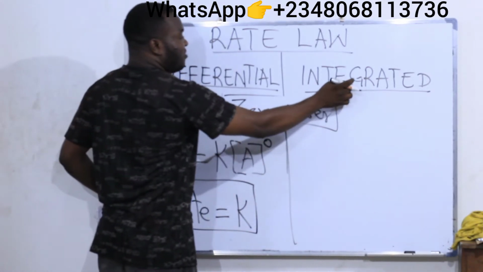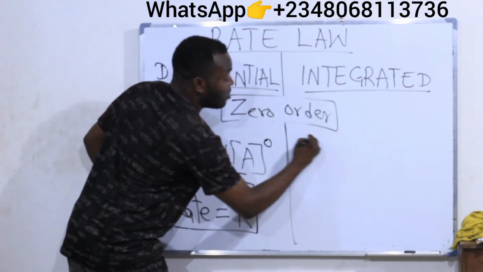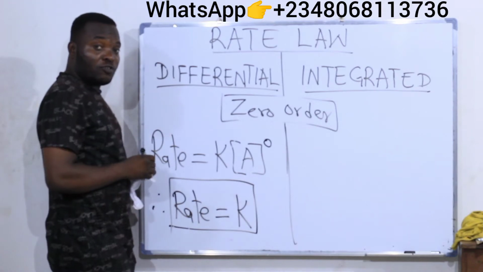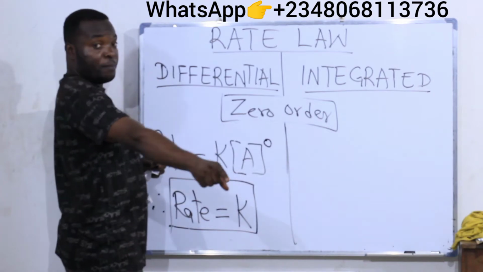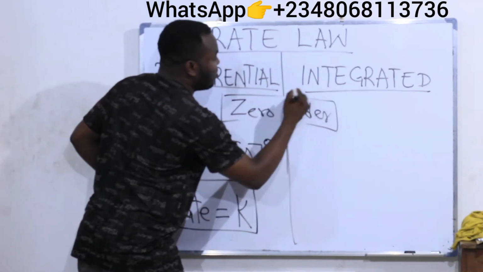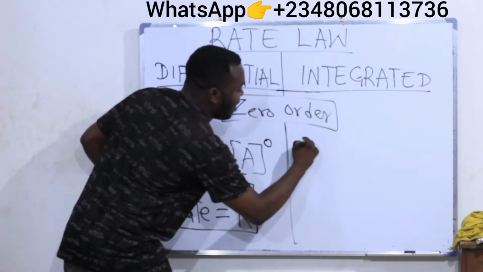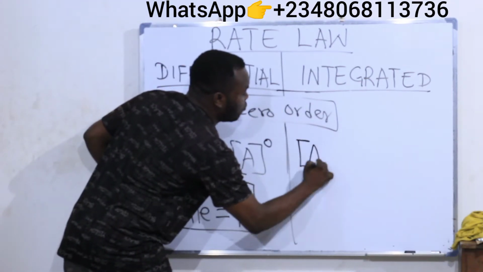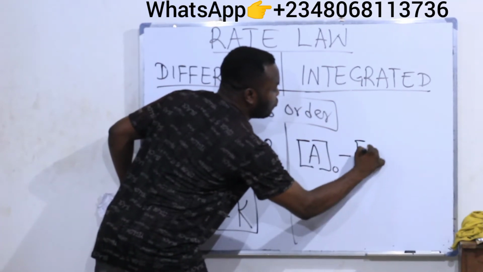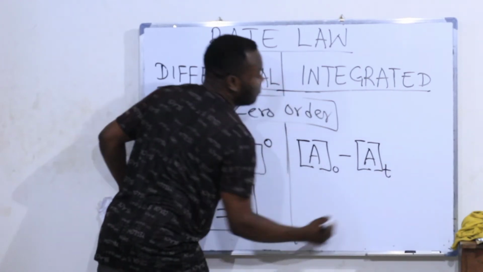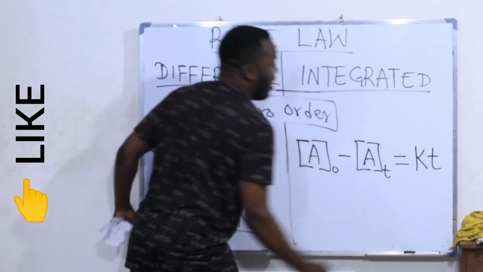But the integrated rate law for zero order says that, remember, the integrated rate law is the equation that shows the relationship between concentration and time. So, the integrated formula for zero order says that initial concentration, which is A0, minus final concentration, which we call AT, is equal to rate constant multiplied by time.